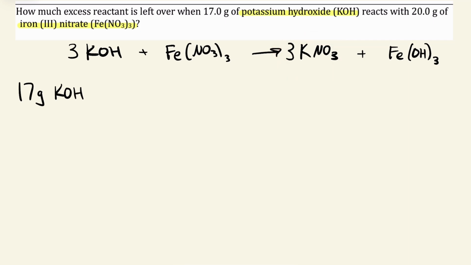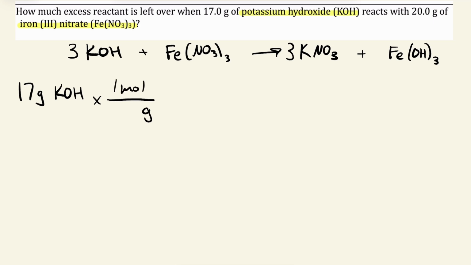So my step-by-step process here is, first I'm going to convert my grams of KOH into moles. Then I'm going to use my molar coefficients here to figure out the moles of KNO3. So the first thing I'm going to do is convert KOH into, excuse me, into moles. So I want my grams to be down here and my moles to be on top.